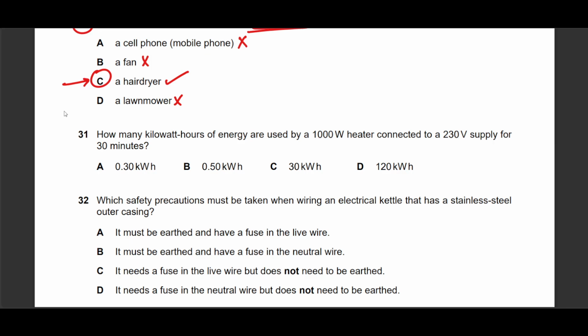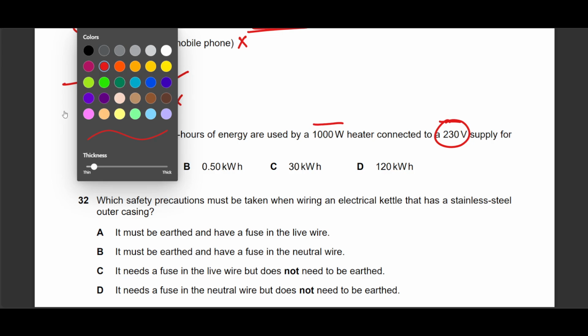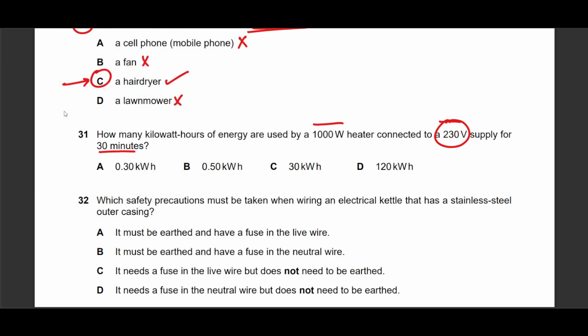So 31: how many kilowatt hours of energy are used by a 1000 watt heater on a 230 volt supply for 30 minutes? Now understand that this 230 volts is just a distraction to sway you into calculating the energy differently. You will get the same answer if you just pay attention to the power and the time spent. If you want to find the energy in kilowatt hours, you need to make sure that the power is in kilowatts.